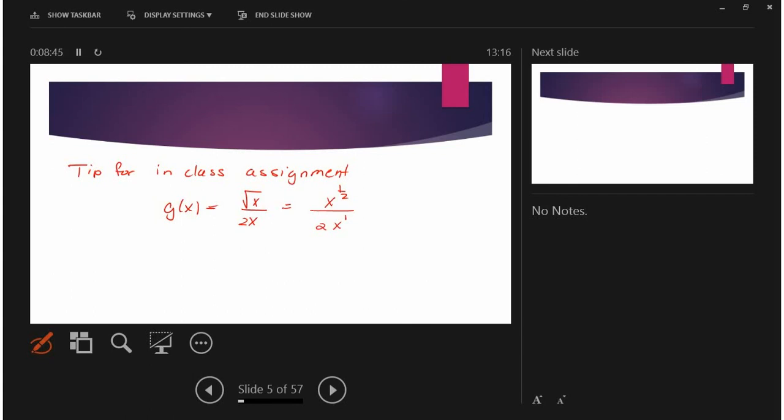What can you do? Do you see b to the m divided by b to the n? What are you supposed to do when you have x to the m divided by x to the n? Subtract the exponents. So this is really x to the 1/2 minus 1, and that 2 stays there in the bottom.